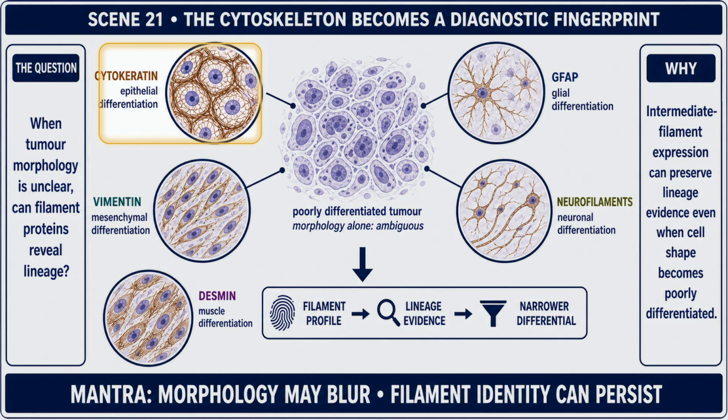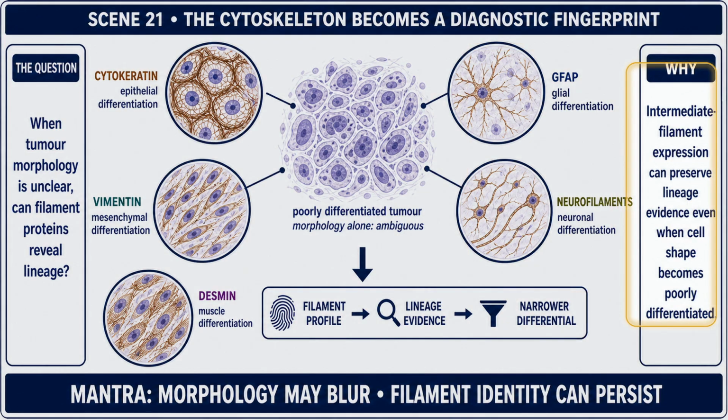Cytokeratins support epithelial differentiation. Vimentin is commonly associated with mesenchymal differentiation, although it is broadly expressed and not specific. Desmin supports muscle differentiation. GFAP can support glial differentiation, and neurofilaments can support neuronal differentiation.